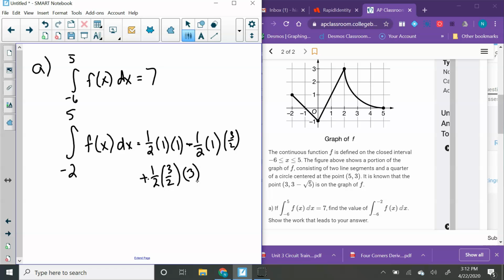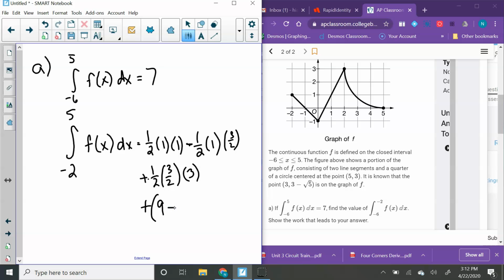And then this last part is also positive. And it's a little hard to do because basically you're taking this rectangle right here and you're subtracting the circle part. So the rectangle would be 3 by 3, so it's 9.